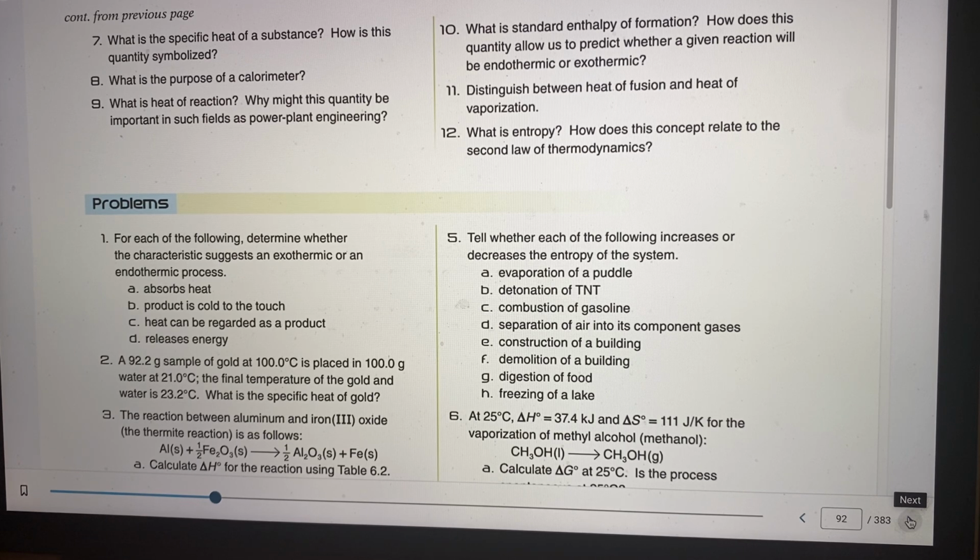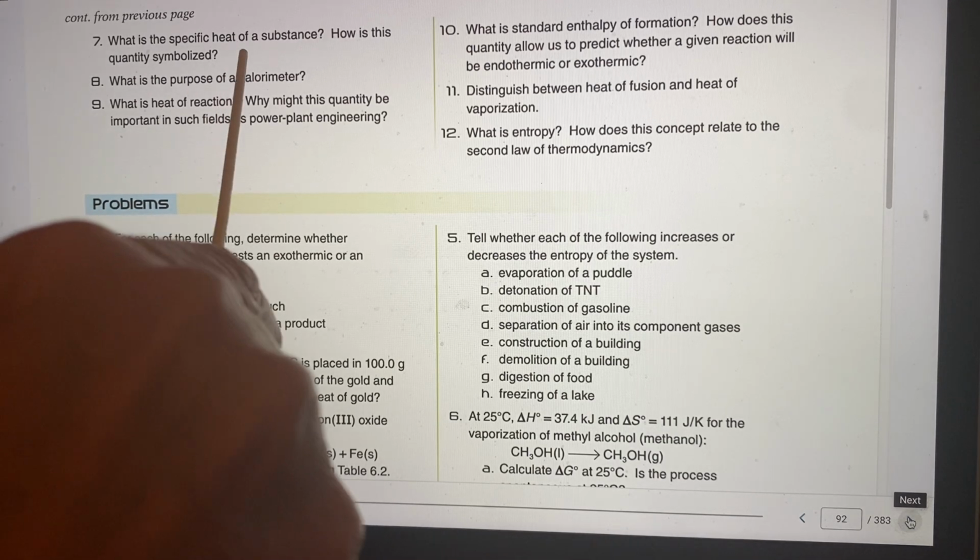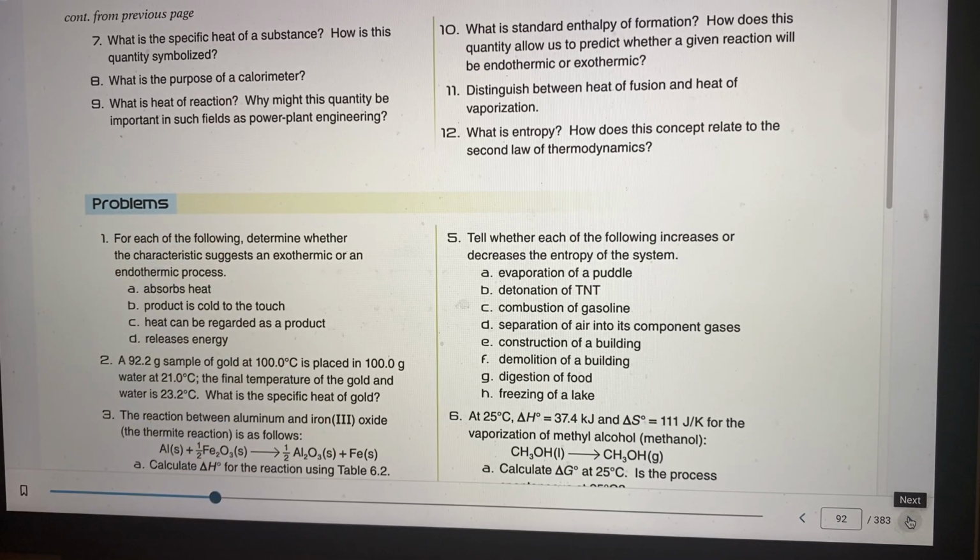So it's basically the specific heat for that certain substance to raise a unit of temperature. And how is the quantity symbolized? As a little c. This would be a little c, okay? So what is the purpose of a calorimeter? The calorimeter is a device used to measure heat flow, right?